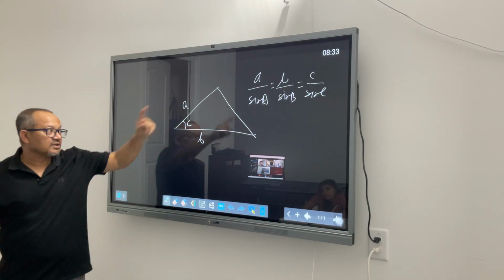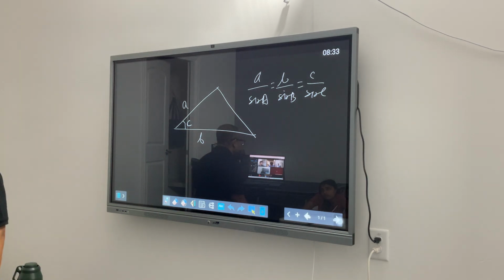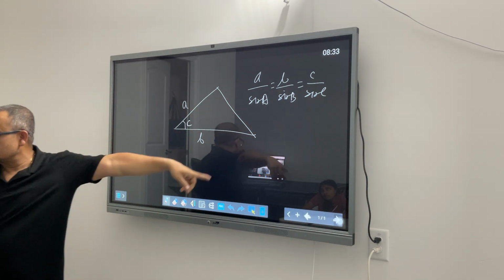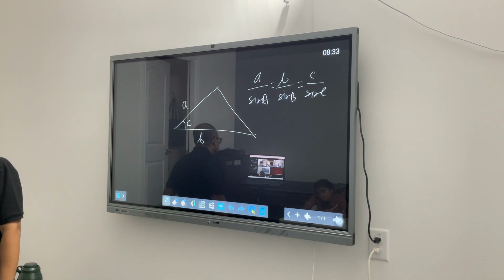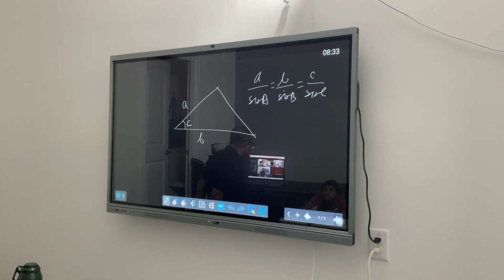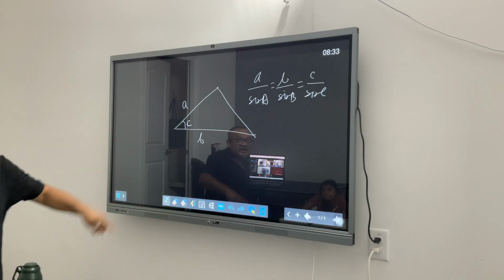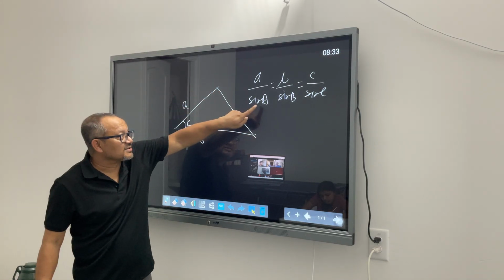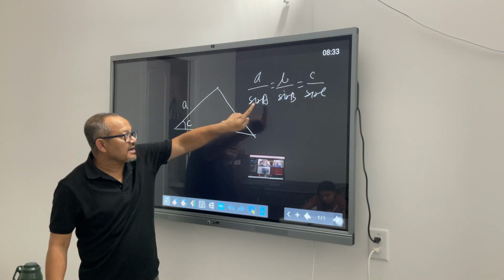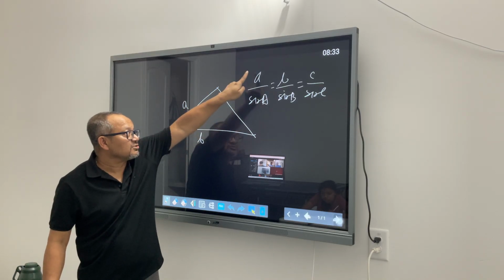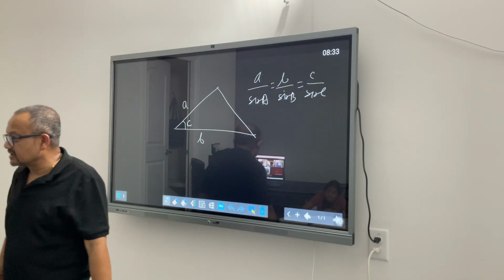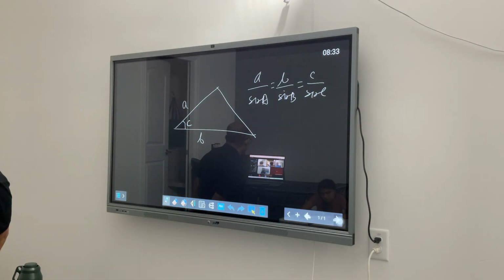Can you find the third side and the other two angles using this formula? Just make your judgment and tell me. Don't try calculating it. Here, small a is the side and capital A is the angle opposite to this side. That's the relationship here.